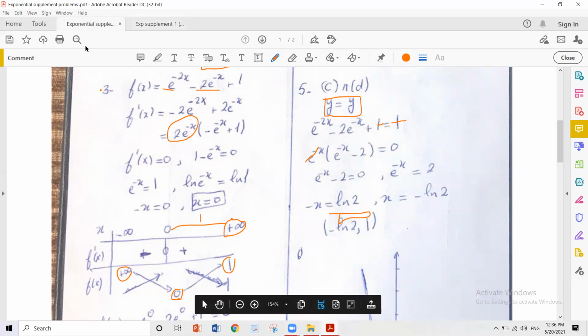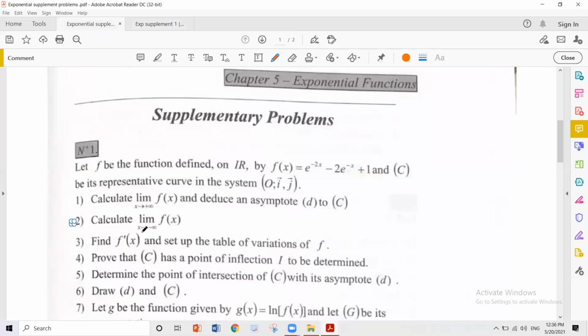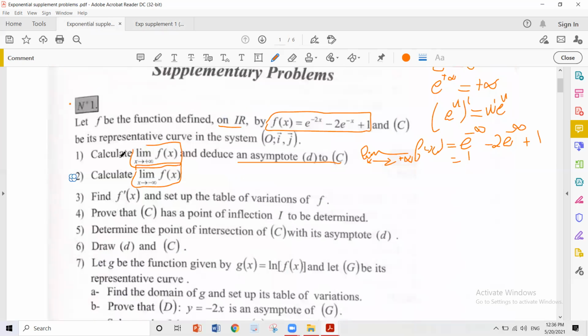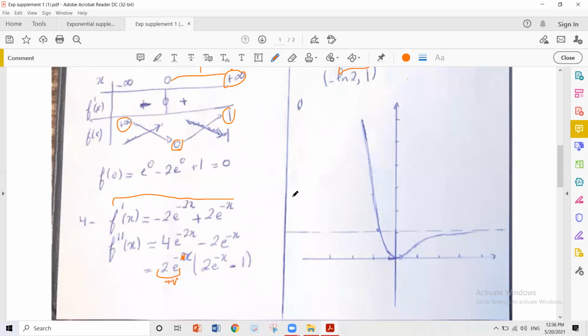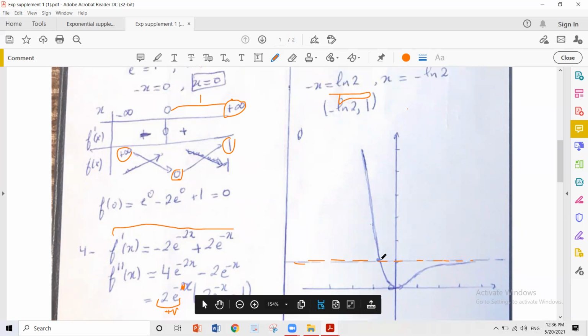Part 6. Draw D and C. This is the line y equal 1, the horizontal asymptote. The point of intersection with the horizontal asymptote is minus ln 2, approximately minus 0.71. This is the intersection with the curve.